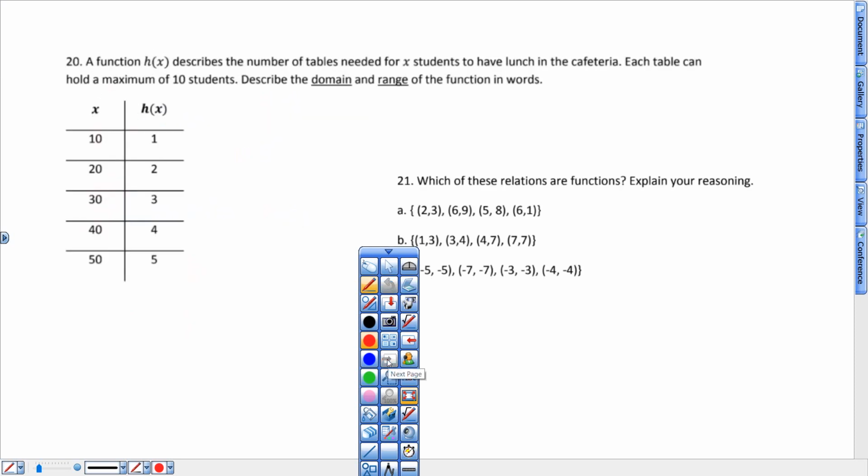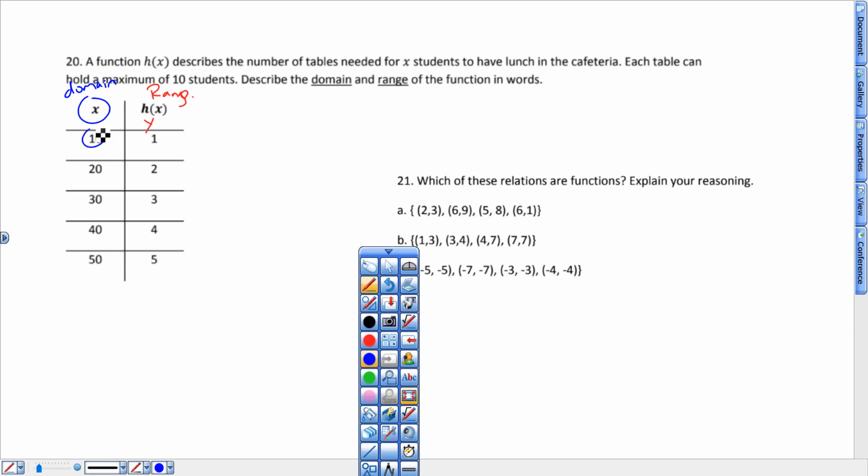20, here we go. This says, describe the domain and range of this function in words. So it looks like the x numbers are my domain. My h of x, my y, these are my range. I don't know if it wants you to write the equation or whatever, but it looks like domain goes from 10 to 50.